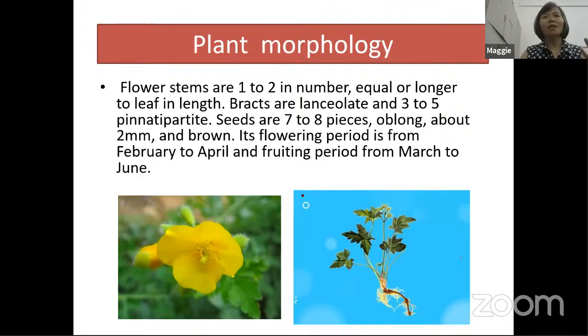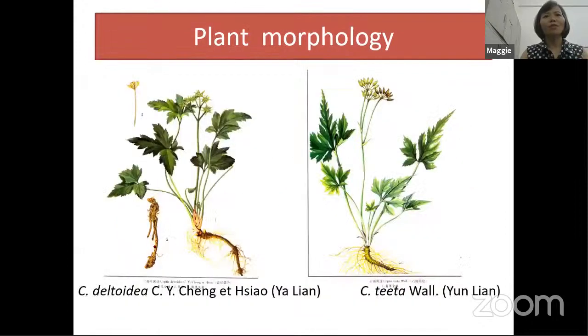So these are Coptis plant morphology. So here is other species. So Coptis detail. So this is the raw Coptis. And so this is the root and rhizoma. So here, this part is root, and this part, the big part, is rhizoma.